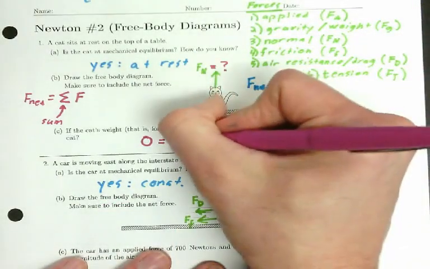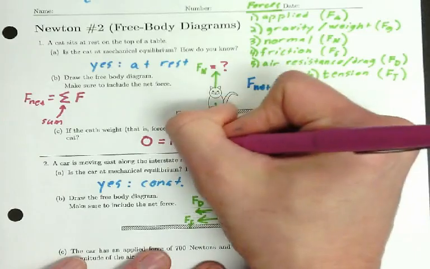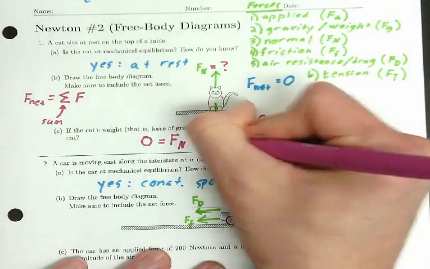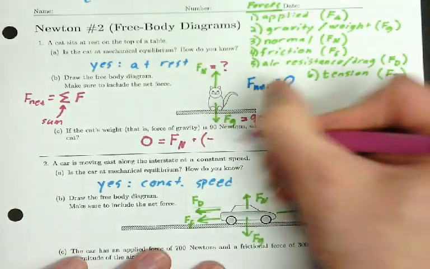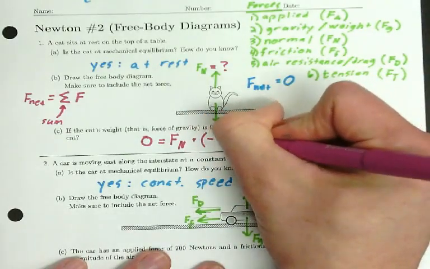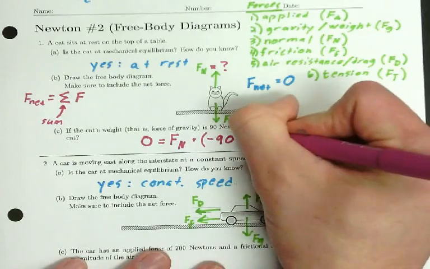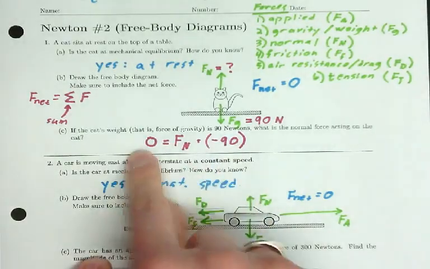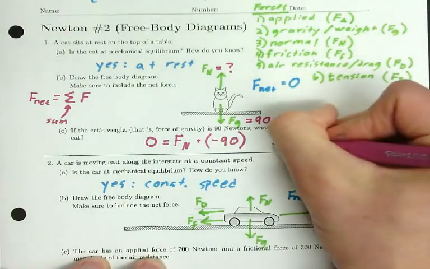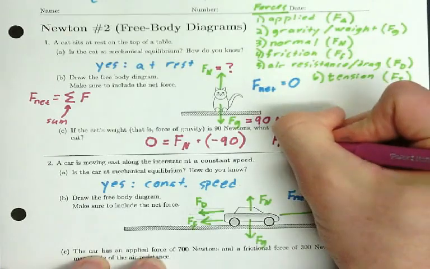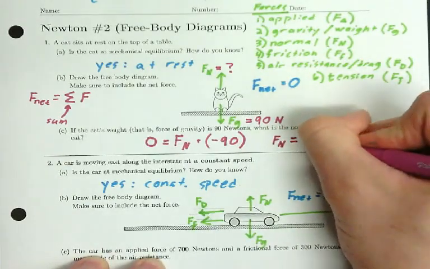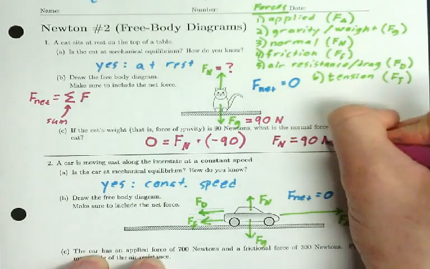So I would say up, which is Fn, I don't know what it is, plus negative 90, because it's in the opposite direction. So you would add 90 to the other side, and you've got what some people saw right away, which was that the normal force is 90.